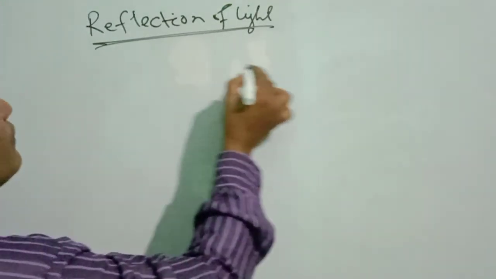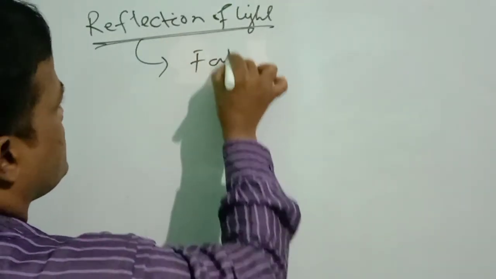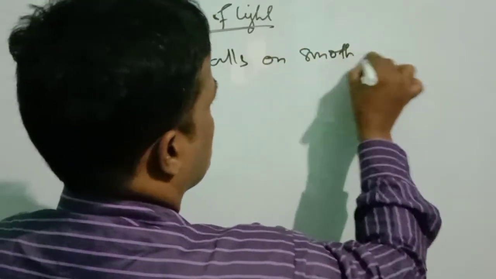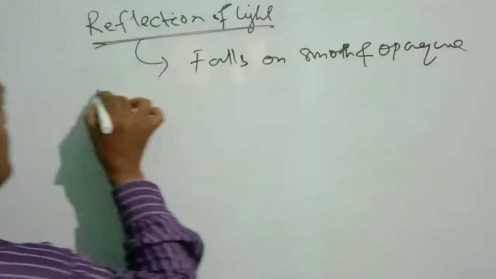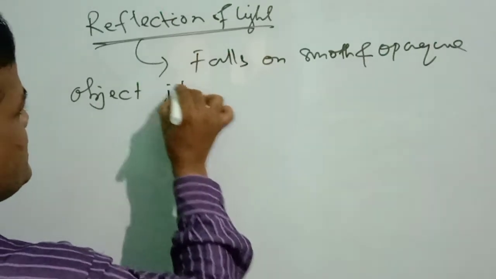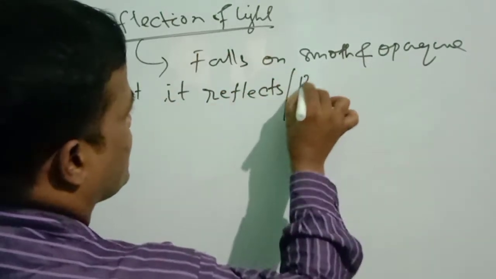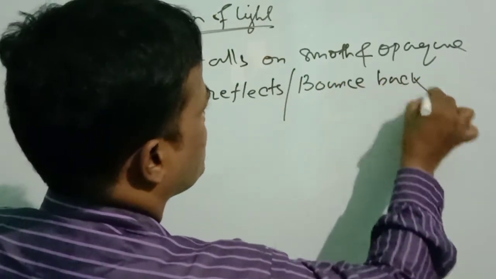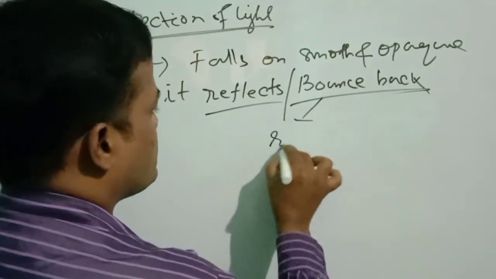When light rays fall on a smooth and opaque object, it reflects or bounces back. The bouncing back of light is called reflection.